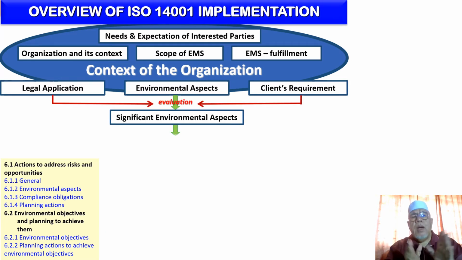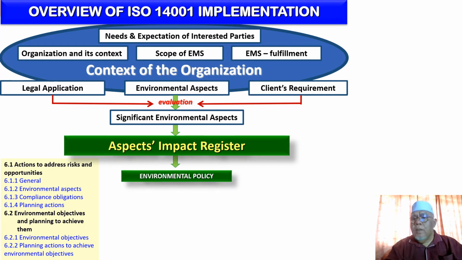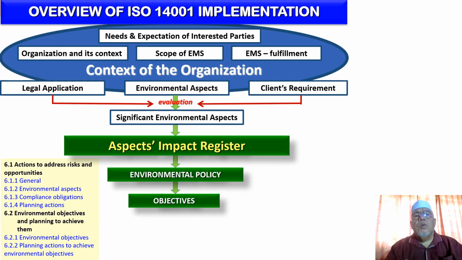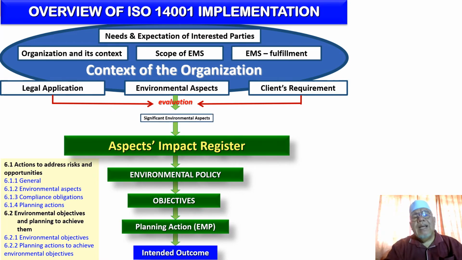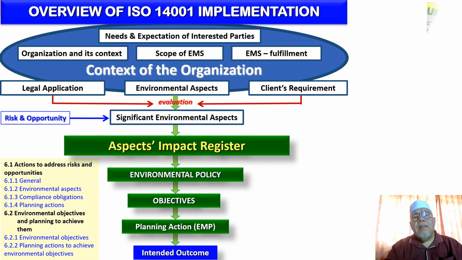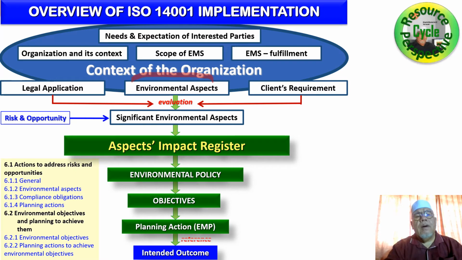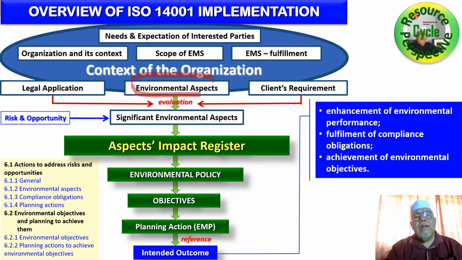Now, here we are. When we talk about identification of environmental aspects in the entire endeavor to implement ISO 14001, the process is over here. If you ask me, it is the very first step in the promulgation of an environmental management system for any particular organization.